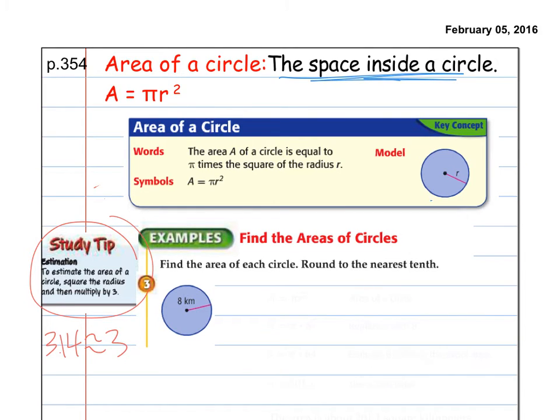So we're going to find the area of this circle given its radius of 8. So I use my formula. I write that down. Area is pi r squared. I'm going to replace the value I'm given. So area is pi times 8 squared.